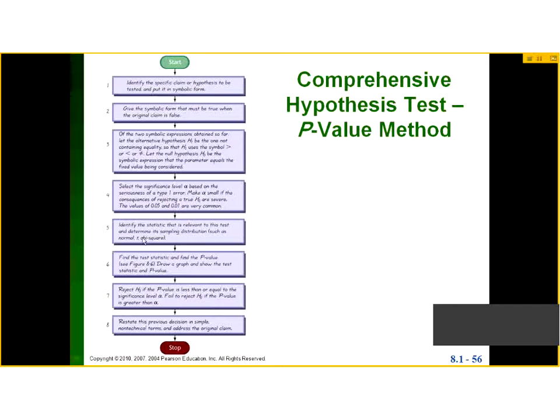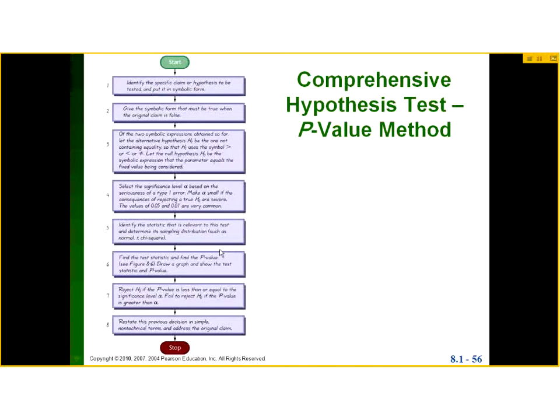That means using the type 1 error, determine the value of alpha. Make it small if the consequences of rejecting H0 are severe. If you prefer to avoid rejecting H0, make it as small as possible. Two good values are 0.05 and 0.01, which are very common.